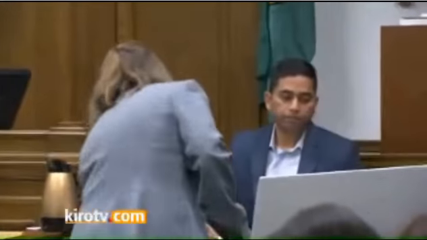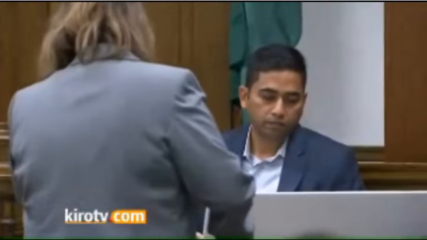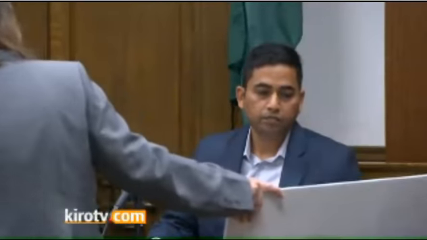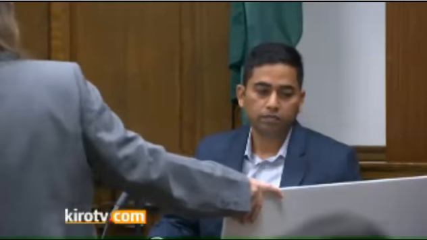Is this the list of towers and addresses that you had in this case? That is correct. Did you verify that the addresses on here are actually the correct locations of those towers? I did. And are these towers used in the phone records that we're discussing in this case? That is correct. I would offer Exhibit 74.